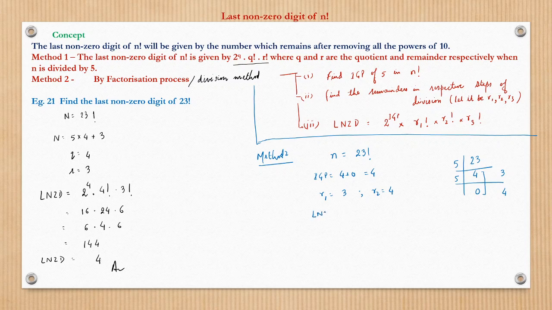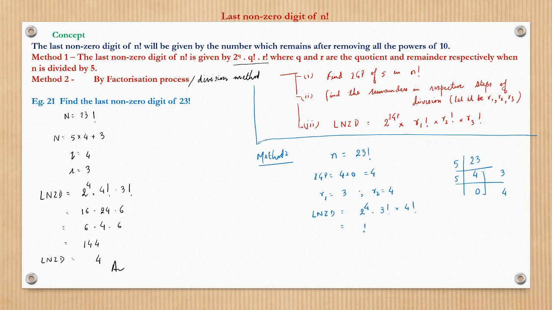Therefore the last non-zero digit is 2 raised to power IGP, which is 4, into R1 factorial, 3 factorial, into R2 factorial. This incidentally is the same as what we got through the previous method, but it necessarily may not be the same. So let us see how it differs.